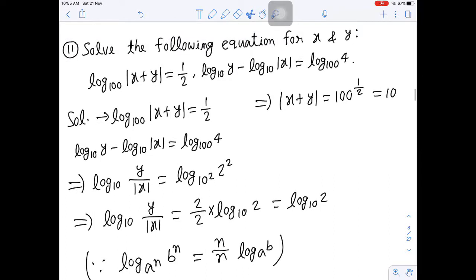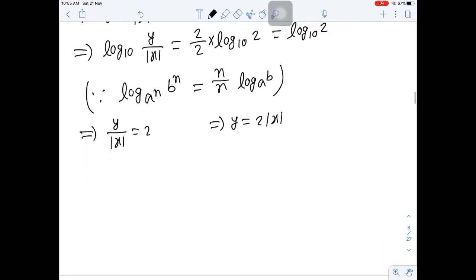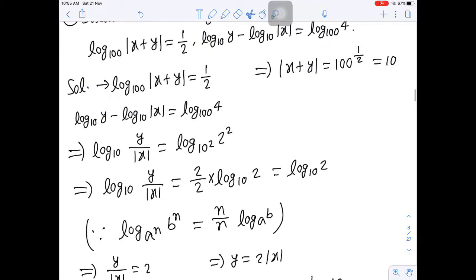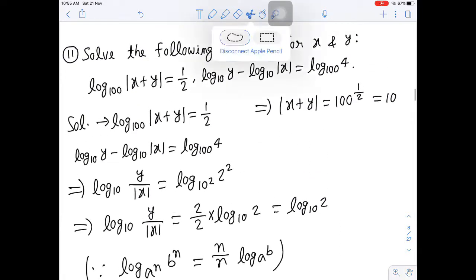Okay, so we substitute y equal to 2 times absolute value of x in the equation absolute value of x plus y equal to 10. Now there would be two cases. If x is positive, and x can't be equal to 0, because then log won't be defined, and y has to be positive.